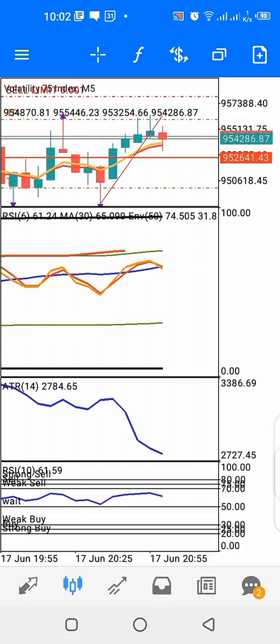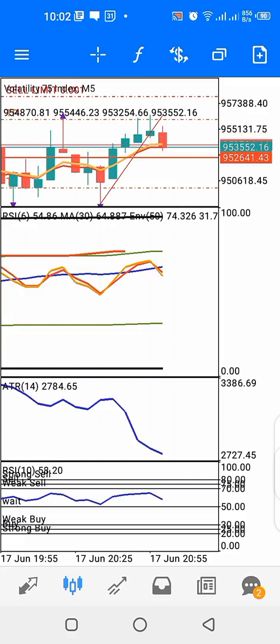Of course, whatever take profit I might have set for the sell trade will be changed to 2,500 points, knowing fully well that the take profit of my buy stop order is 2,500 points.